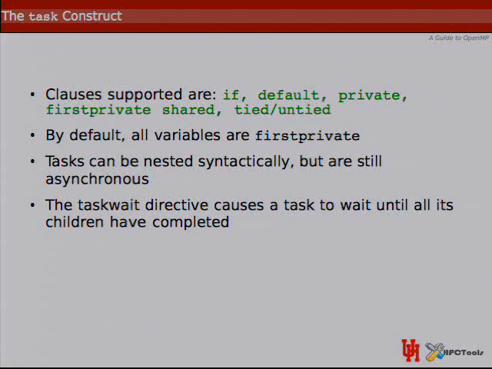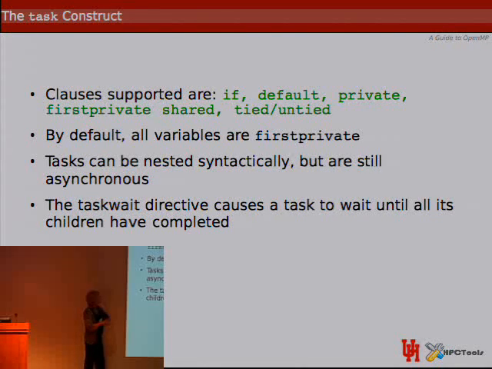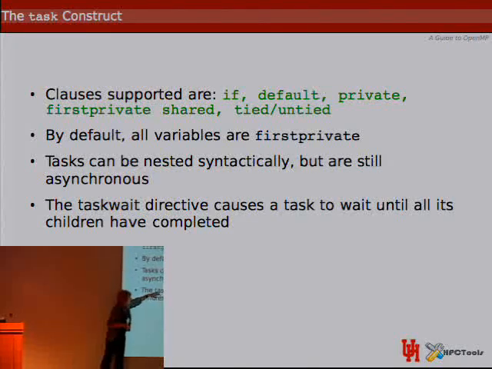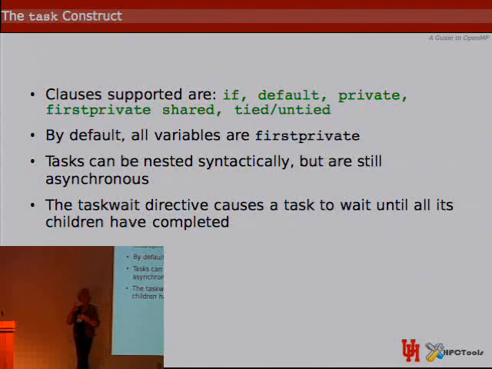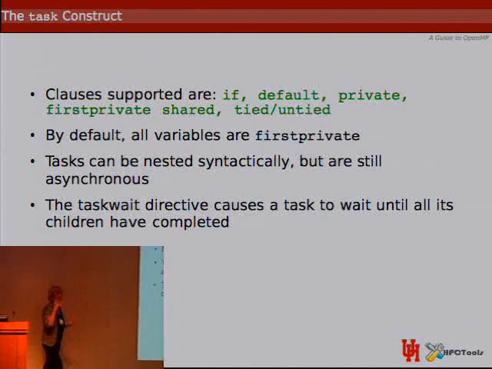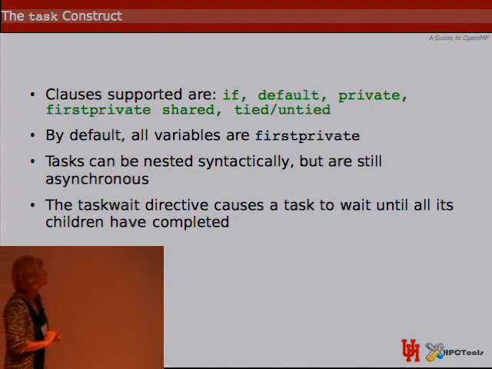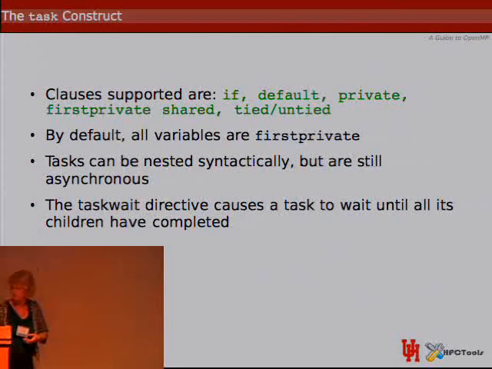If you create a task and create other tasks, you could end up with a whole bunch of tasks in your system that need to be executed at a barrier. So if there's a barrier in your program, all of the tasks must be completed. You can't do anything more until you've had the barrier. There's also a taskwait directive, which will cause the tasks immediately preceding it to complete. So there's an extra piece of synchronization for tasks.